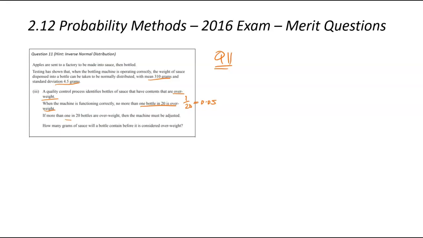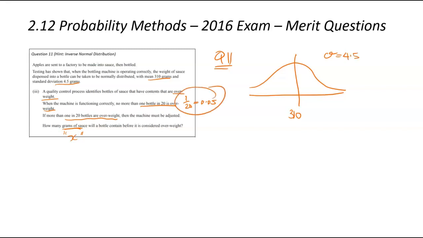If more than 1 in 20 bottles are overweight, the machine needs to be adjusted. How many grams of sauce will the bottle contain before it is considered overweight? So we're looking for grams of sauce, so that's going to be the x variable along the x-axis. As we do for all normal distribution questions, we draw down our curve and write in what we know. We know that the mean was 310, and we know that the standard deviation was 4.5.